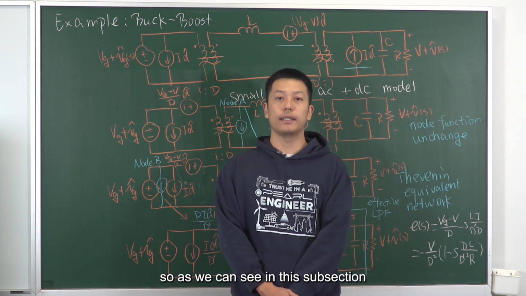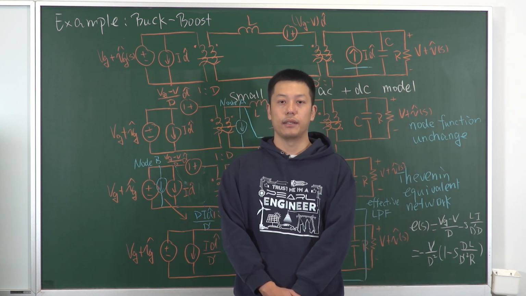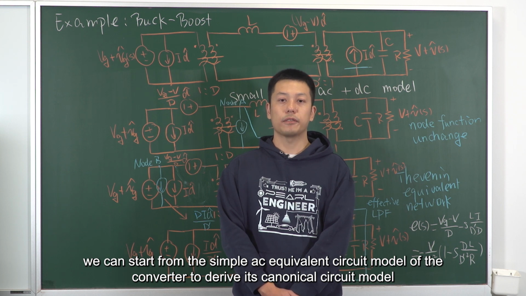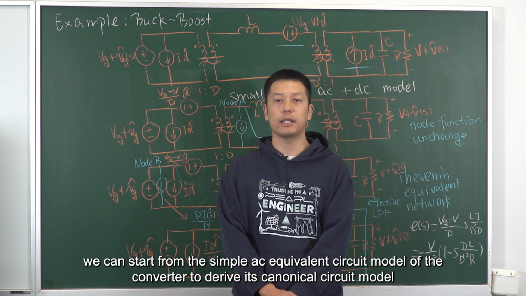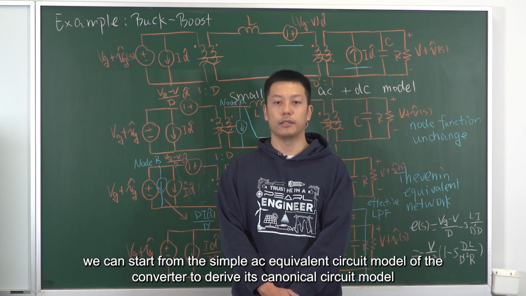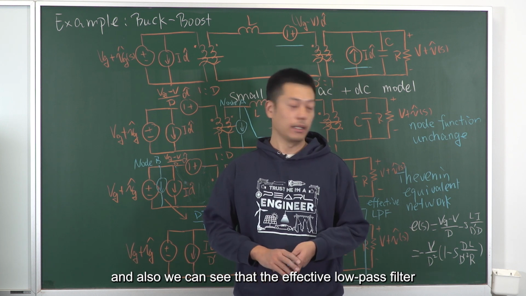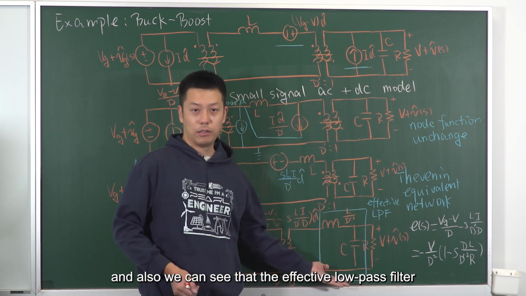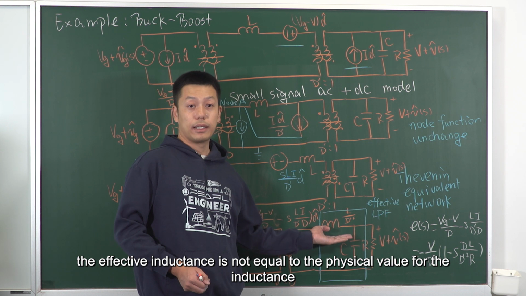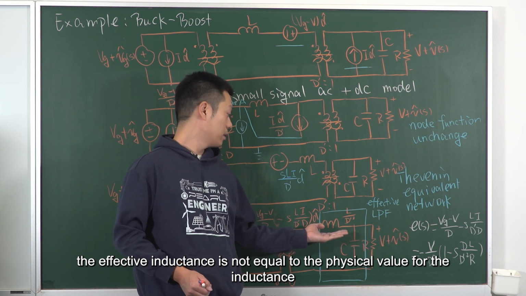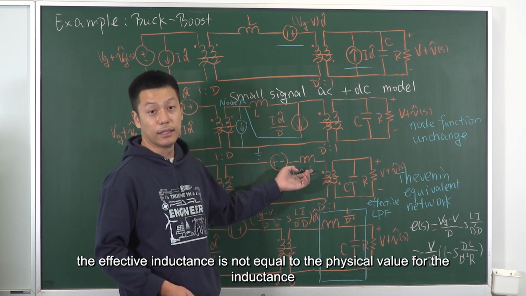So as we can see in this subsection, starting from the simple AC equivalent circuit model of the converter, we can derive its canonical circuit model. And also we can see that in the effective low-pass filter, the effective inductance is not equal to the physical value of the inductance.